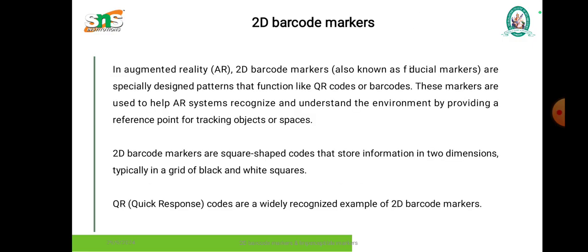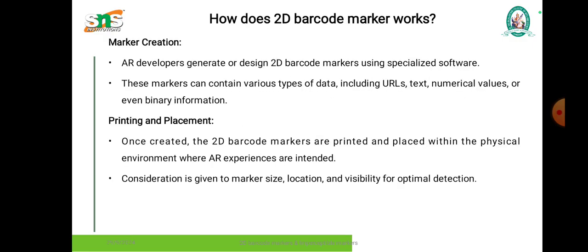So this is a small introduction to 2D barcodes, and now how does a 2D barcode marker work? First, we have to create a marker. The developers or designers first have to design the 2D barcode markers using specialized software.